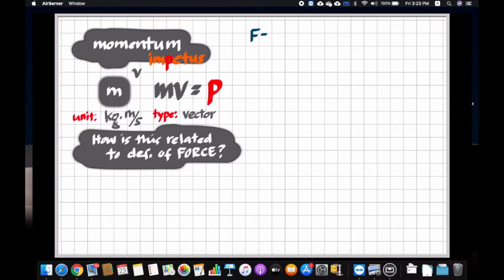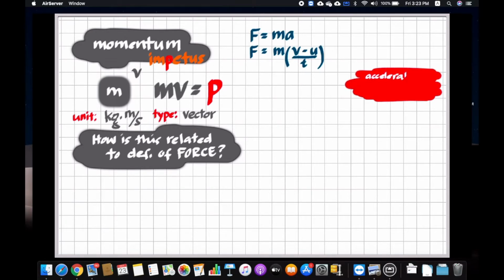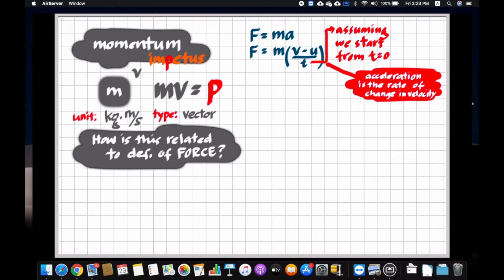Let's start with what we know. From Newton, F is equal to ma. Also, we learned that this a, or acceleration, is equal to final velocity minus initial velocity divided by time, from the definition of acceleration, which is the rate of change in velocity. We just have t here, or whatever final time you have. This is in the assumption that we started our observation from time equal to 0.